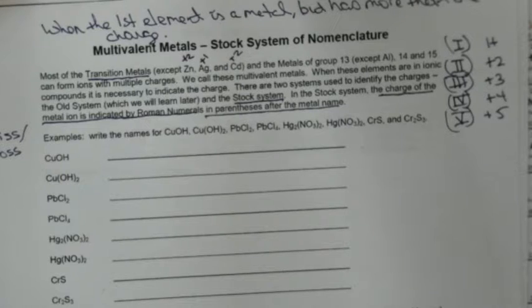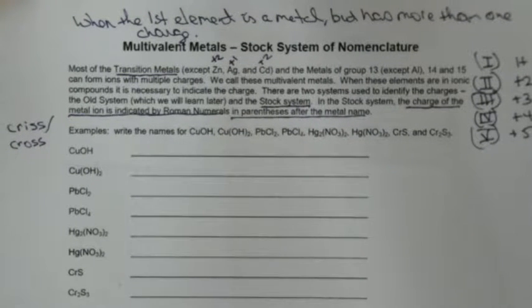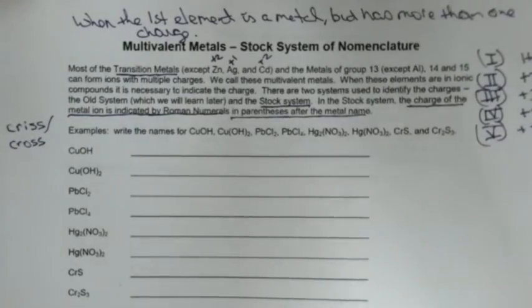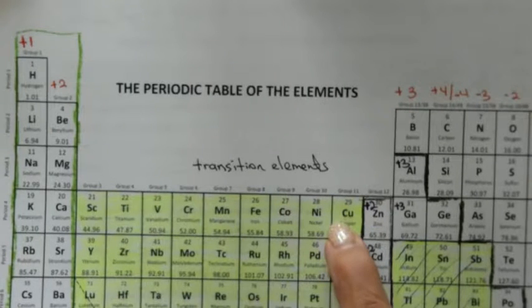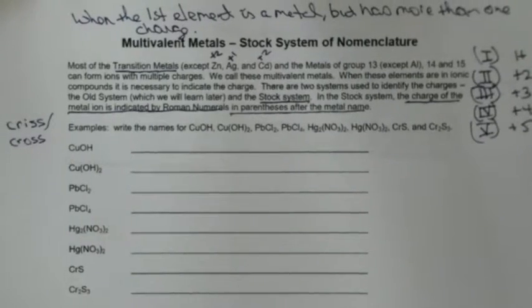So, first thing I see here is copper, Cu. If you look at your periodic table, and you need to become very familiar with this, it should be your friend, copper is in the transition elements. Therefore, because I do not know its charge, I need to write parentheses.